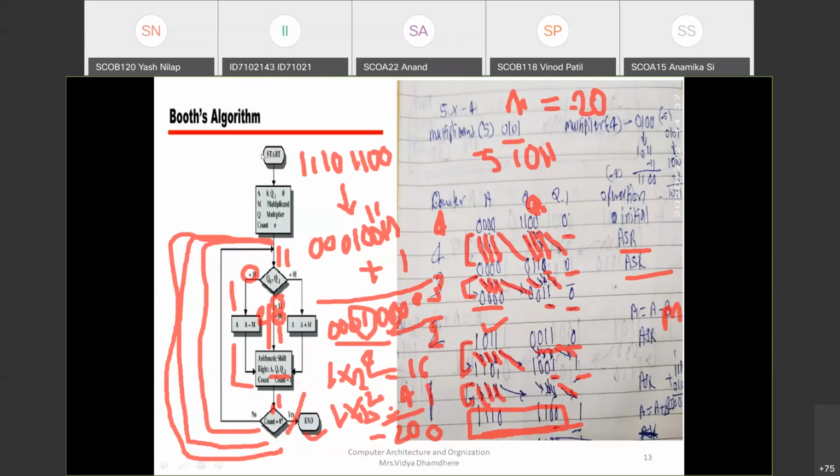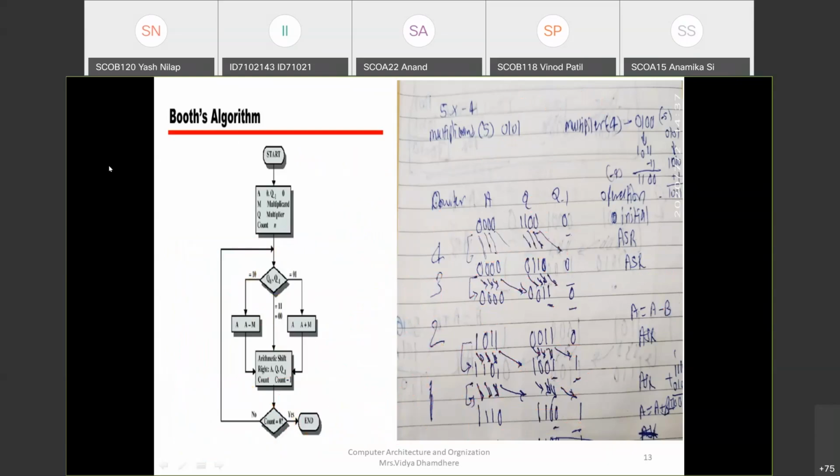When can we do the right shift operations? Whether we do it twice is totally dependent upon the Q0 and Q minus 1 bits, this condition box. Let me move this box once.